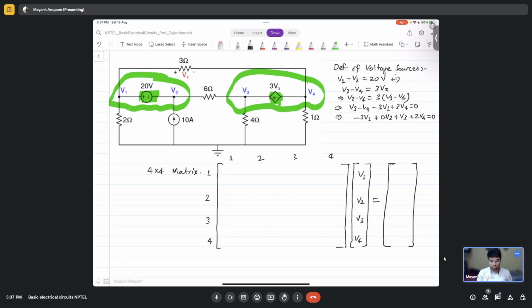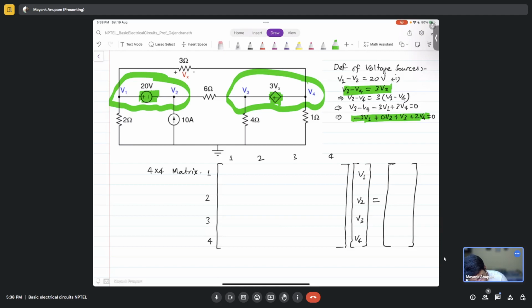Correct? Is it right? Yeah, it looks right to me. This is correct.